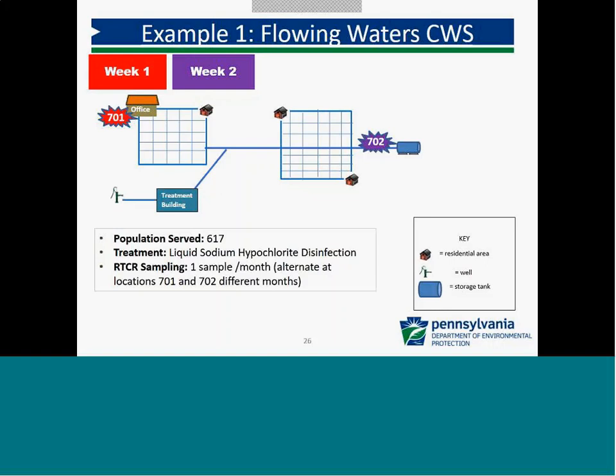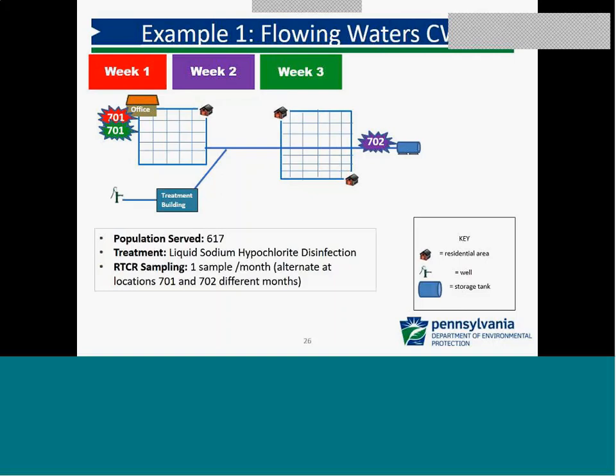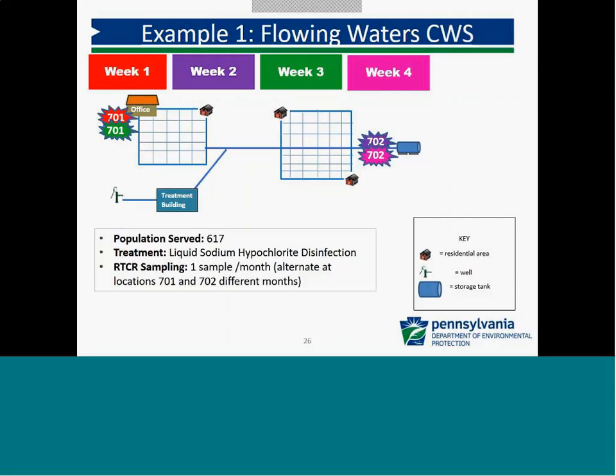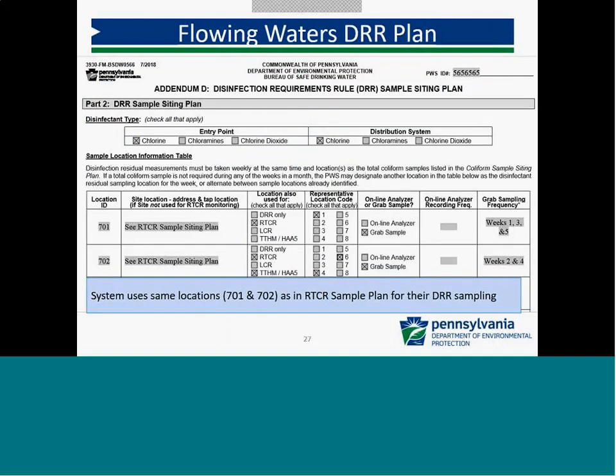So 701 the first week, 702 the second week, back to 701 in week 3, and week 4 is back to 702. And like we showed you in the calendar, they're going to have to identify a location that they will sample when a week 5 occurs for them.